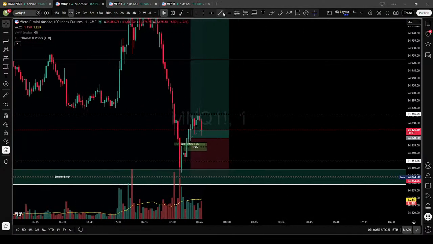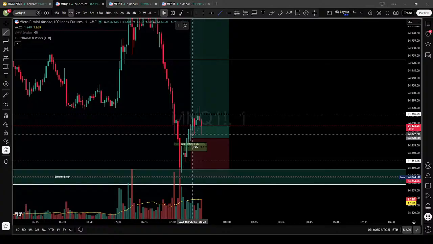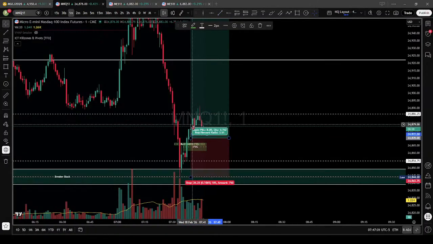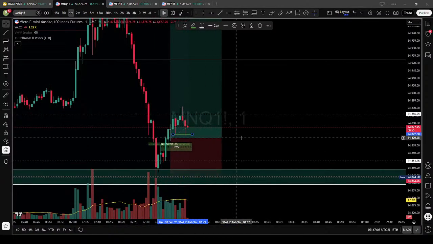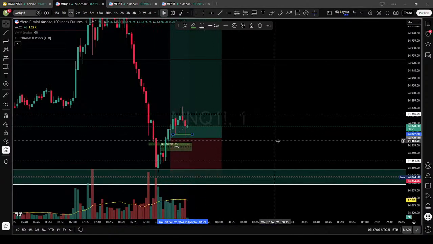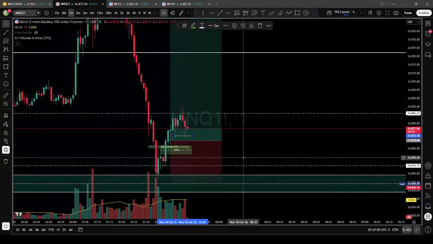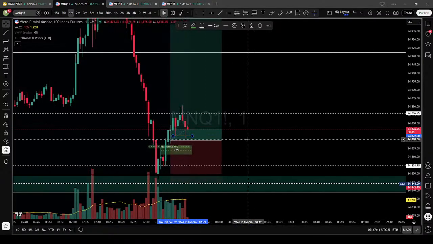So now if the price is clearly bullish, then it will sweep down this right candle's low and could start moving up higher, if the price is heavy bullish.